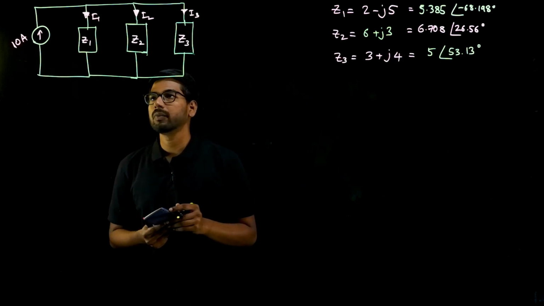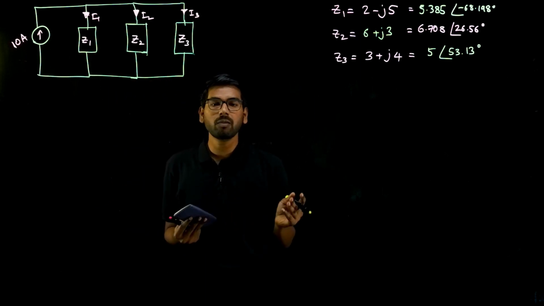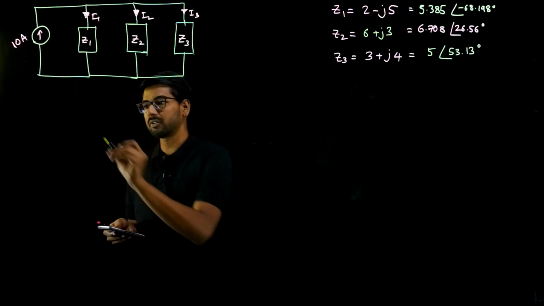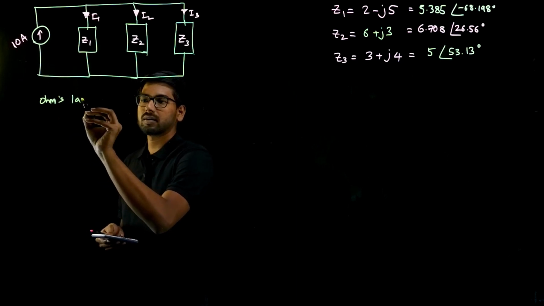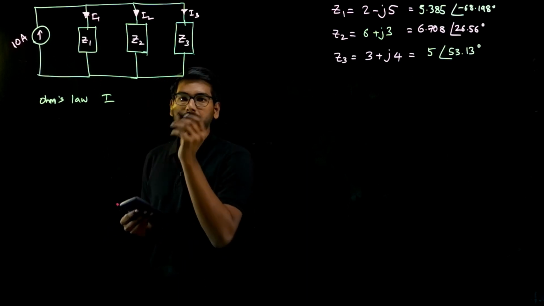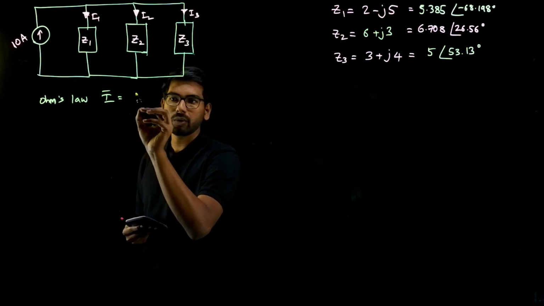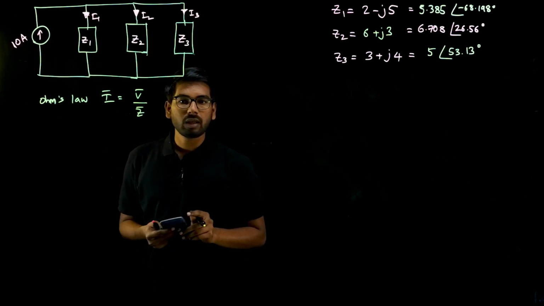So then what we need to do? How do you find current? The only fundamental formula we know is Ohm's law. Ohm's law says the current through a resistor or an impedance, I bar, is equal to the voltage across that impedance divided by the impedance value.